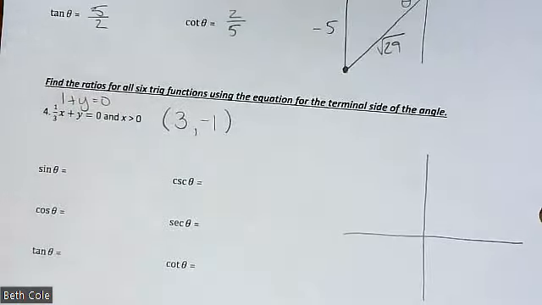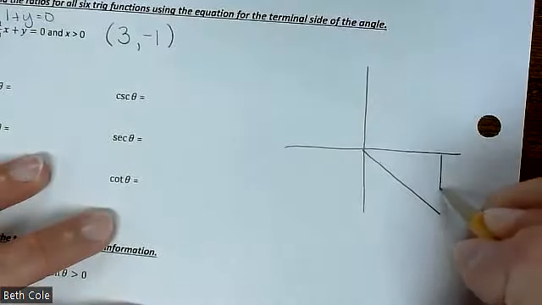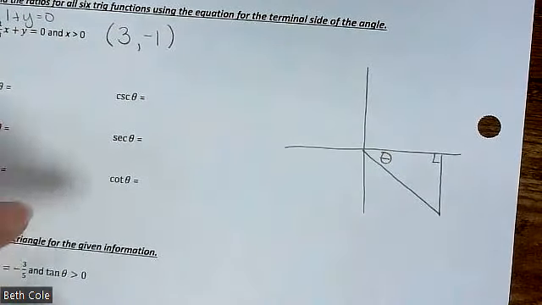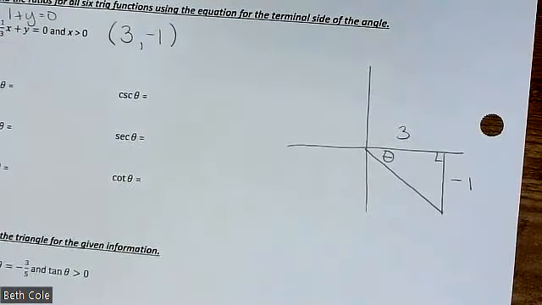What quadrant is (3, -1)? Fourth quadrant. Draw your triangle in the fourth quadrant. 3 is the x value, -1 is the y value. You're going to do your Pythagorean theorem and then list out all your answers.